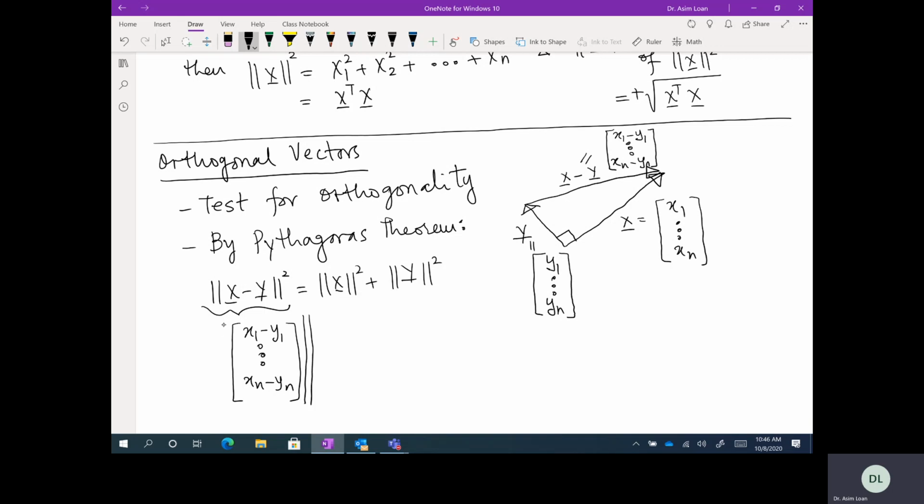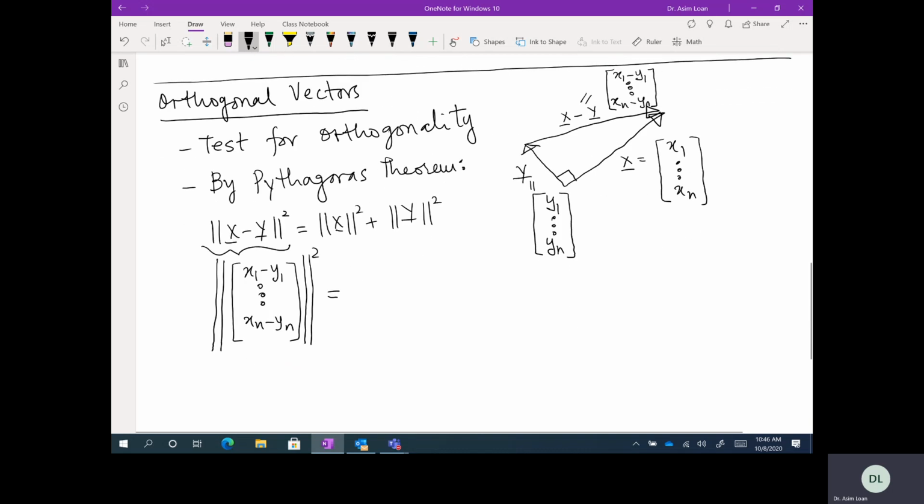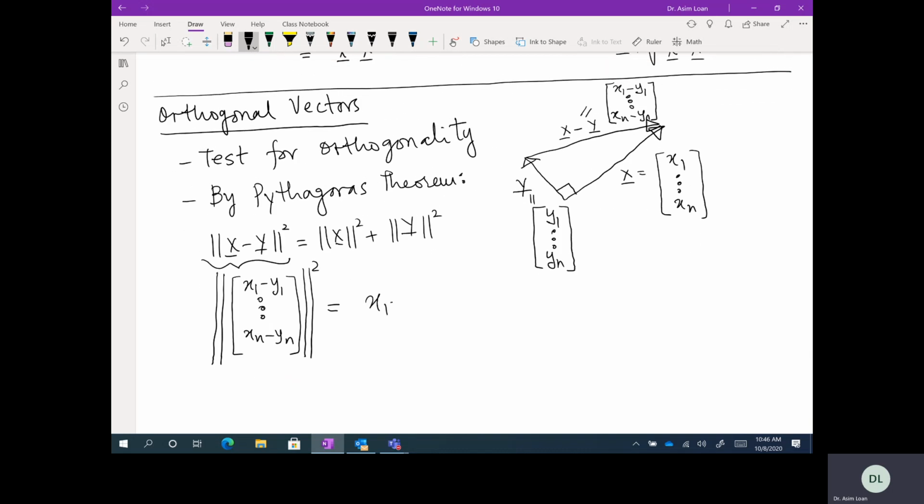The norm squared of this vector x minus y, by this definition, is simply the sum of the squares of the components. So this would be x1 minus y1 squared plus x2 minus y2 squared plus up to xn minus yn squared.